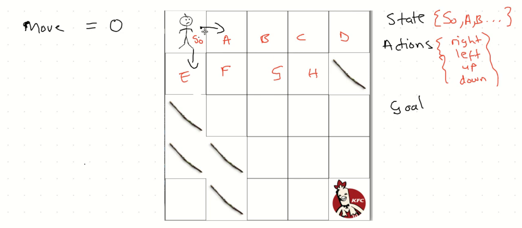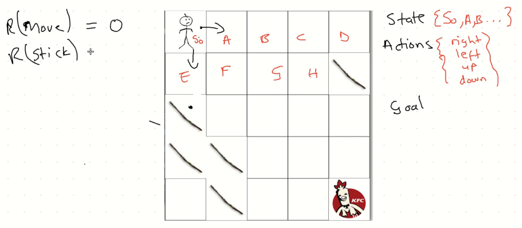Nothing happens. But if the kid ends up in a state where there's a stick, so this is if he moves, sorry, let me fix that. So this is the reward, sorry.